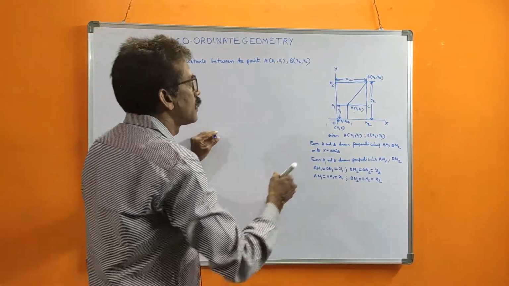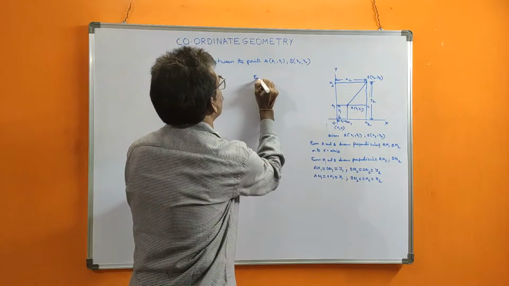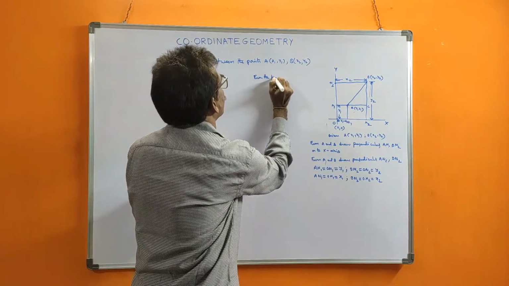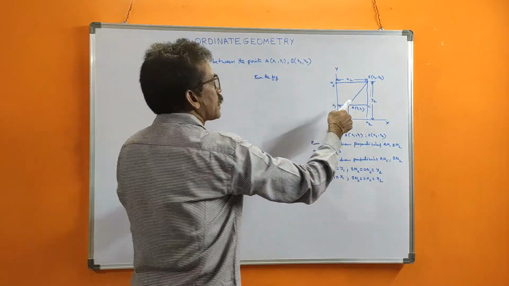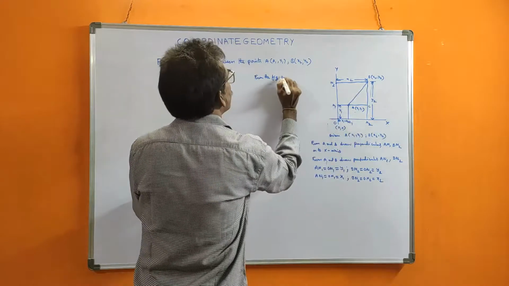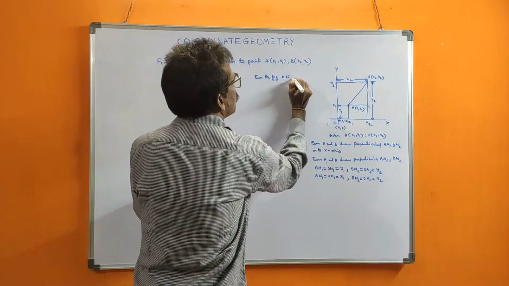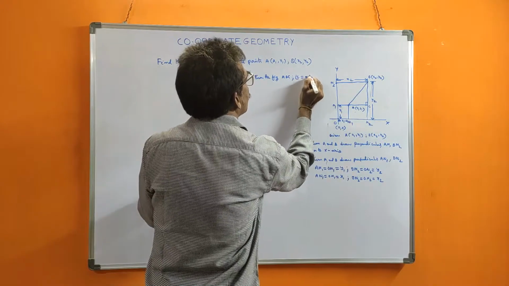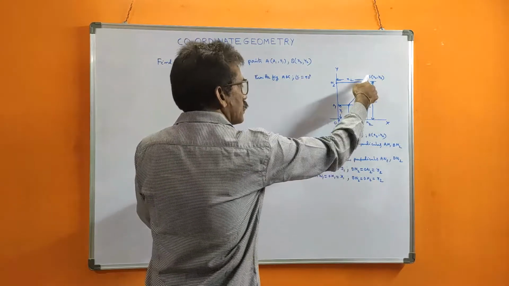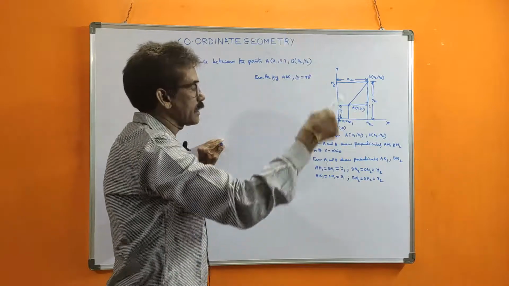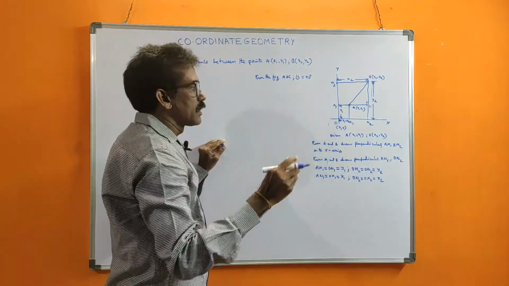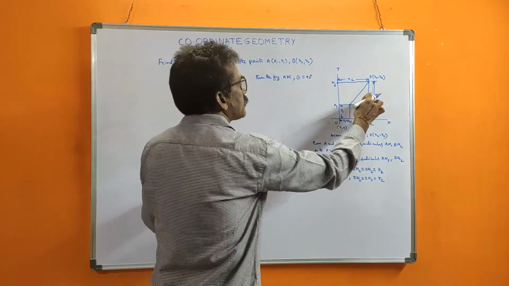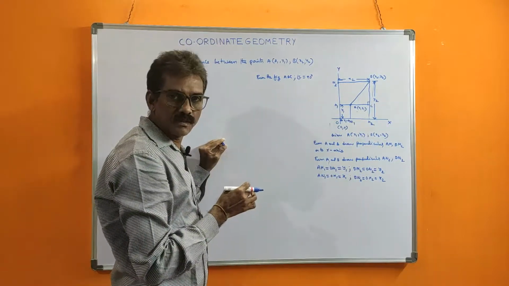Now from the figure ABC, we know angle C is equal to 90 degrees, because the x-axis and y-axis always intersect at 90 degrees.